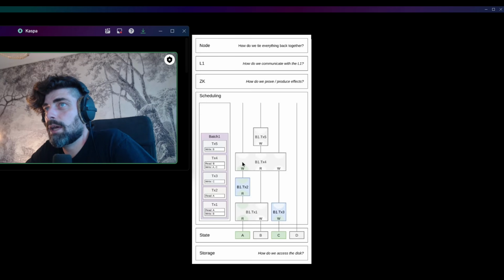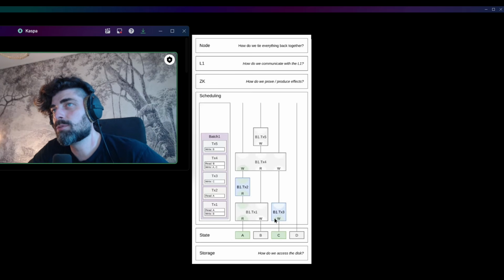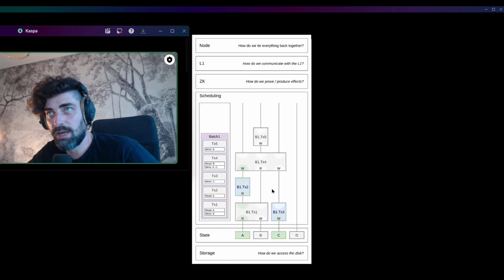And as soon as a transaction has all of its dependencies green, so in this case, this is a transaction that has all of its dependencies available, it starts executing. So I've denoted this here through the color blue, right? So here, this one, for example, is also processing, but because it's a write access, it wants to write something back. We cannot just route it directly through. So the next one needs to wait. We need to actually wait for this transaction to finalize its execution.